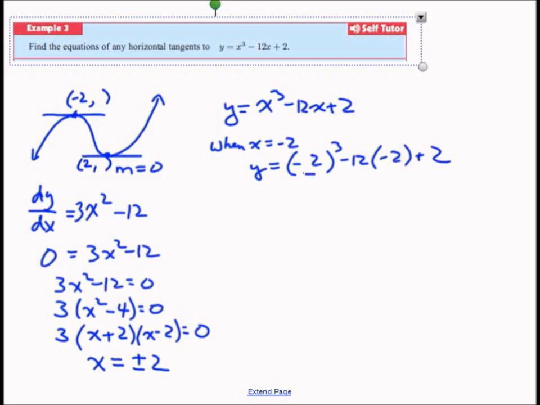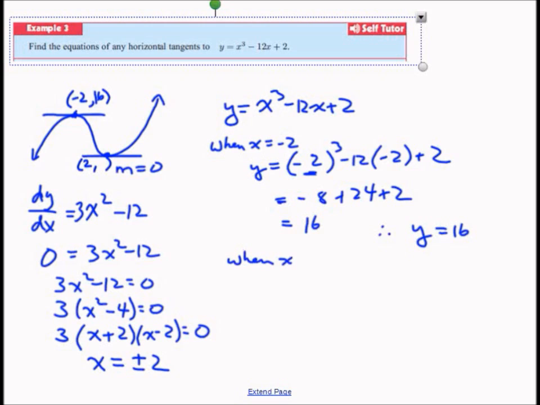That negative 2 is inside the brackets, so it results in a negative 8 when it's cubed. And that's 16. So the y-coordinate is 16, and therefore the equation of that line is y equals 16.